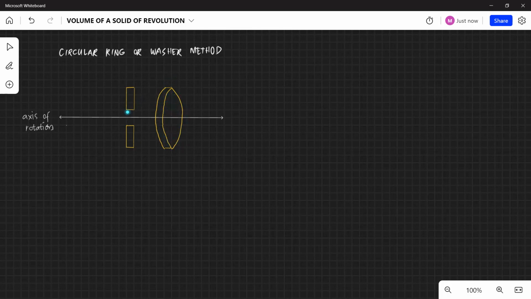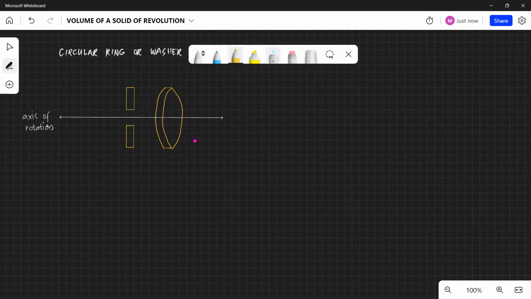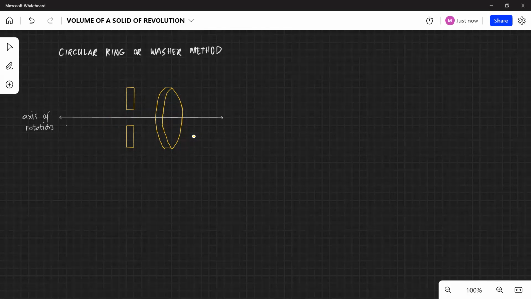So what if the lower end of a vertical strip does not touch or does not lie on the axis of rotation? So there's a gap between the lower end of the vertical strip and the axis of rotation. So what happens is there's no solid figure within that region.